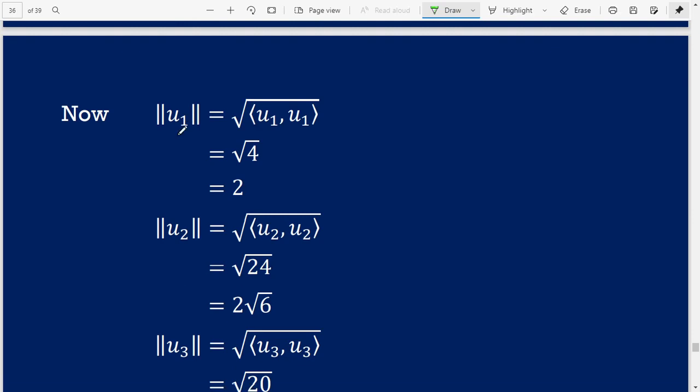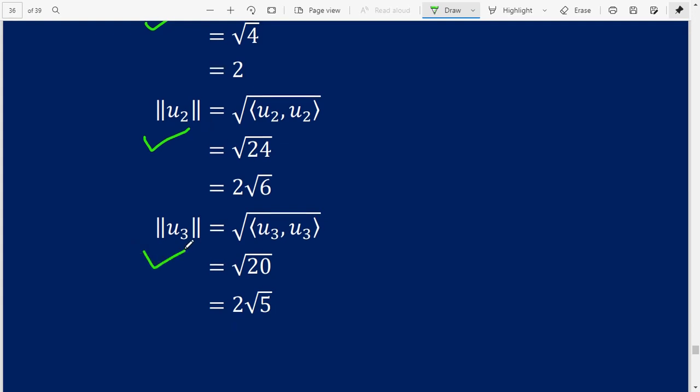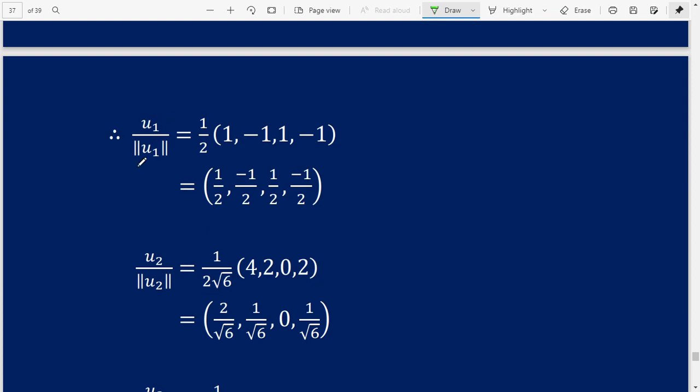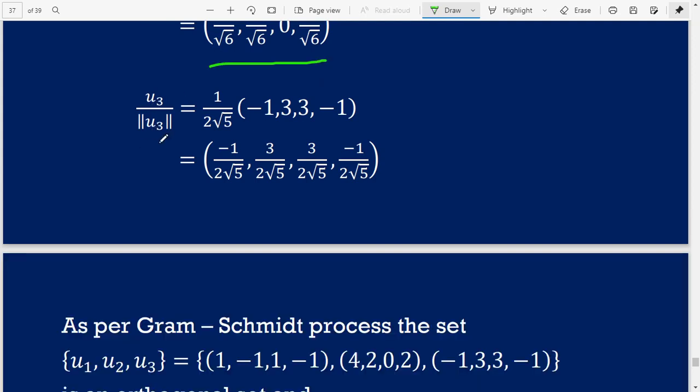So we can find norm U1, norm U2 and norm U3, and so U1 upon norm U1 is equal to this, and U2 upon norm U2 is equal to this, and U3 upon norm U3 is equal to this.